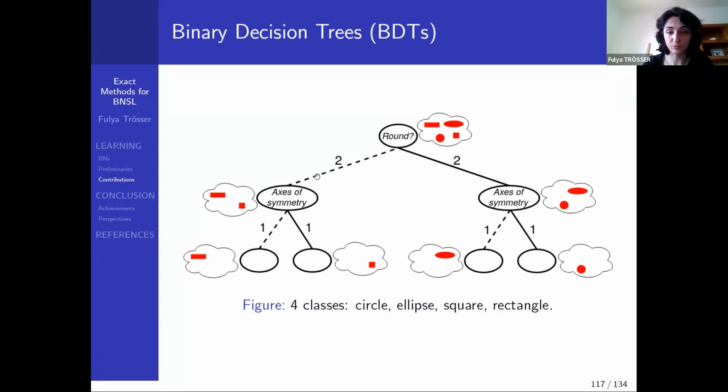A dashed branch means it does not fulfill, and a solid branch means it does fulfill. Here we use a decision tree to classify, for example, 4 objects into 4 different classes, using 2 different criteria. The numbers on the branches indicate how many elements flow from one node to another.